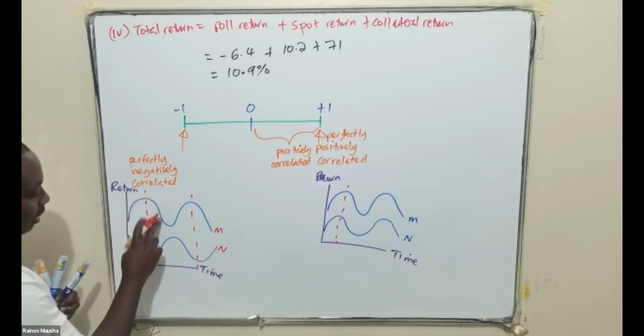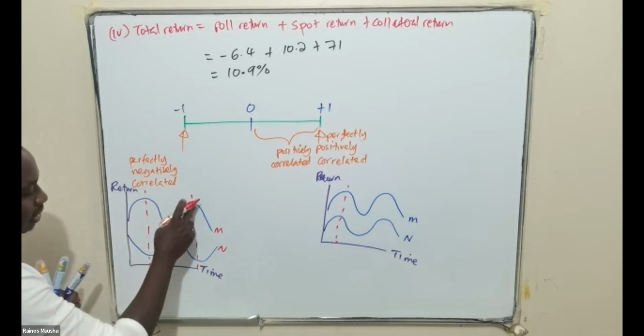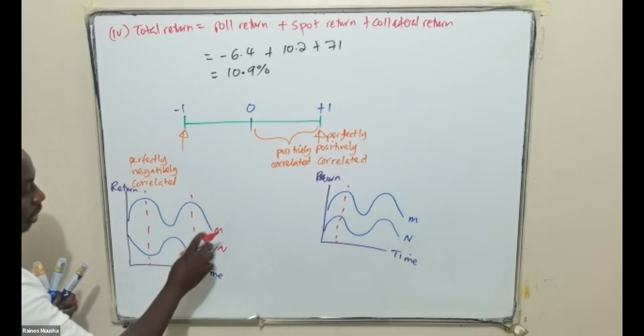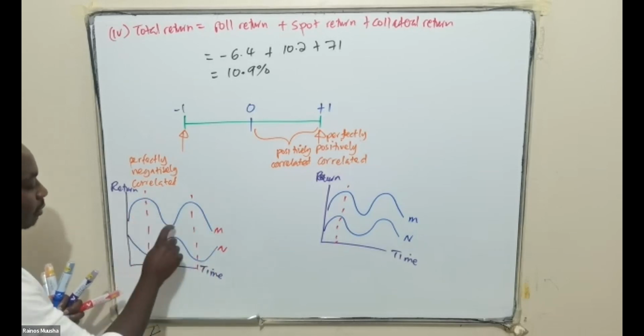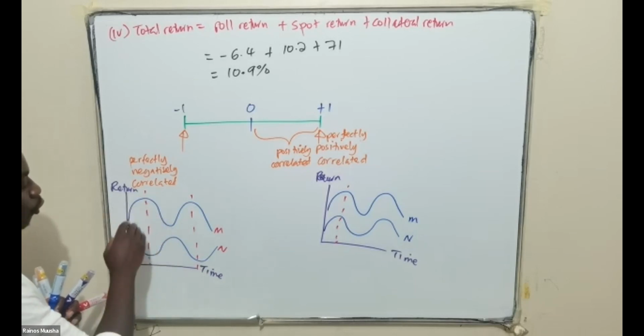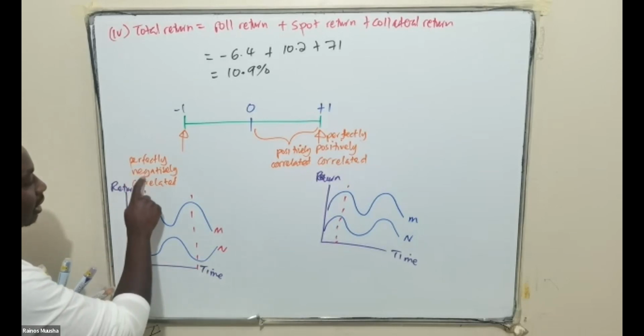And then when M starts decreasing, N starts increasing. So they're basically moving in opposite directions. If the movement is perfect, where the same units of upward movement equal the same units of downward movement, we say they are perfectly negatively correlated.